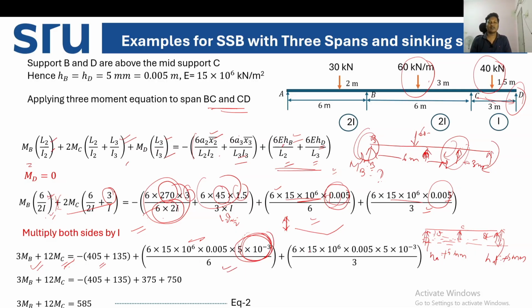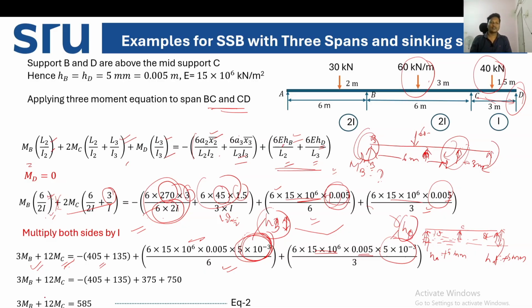Plus, in a similar fashion, we will write 6 into 15 into 10 to the power 6 into 0.005 into 5 into 10 to the power minus 3. This is nothing but your HC. This is nothing but your HA. So these two values, HA and HC, are required. So, sorry, HB and HD, that was in the previous case, for the span ABC. In this case, span BCD, so these values are HB and HD.